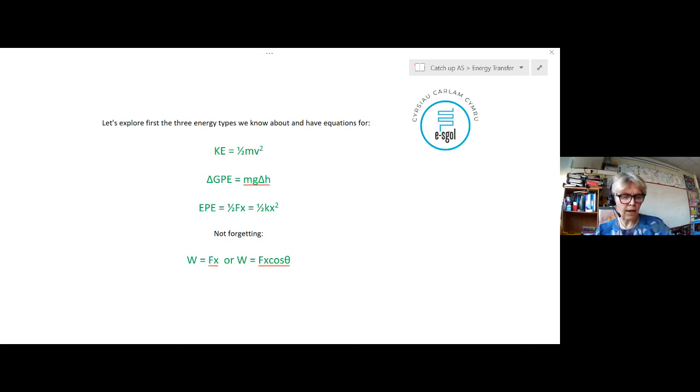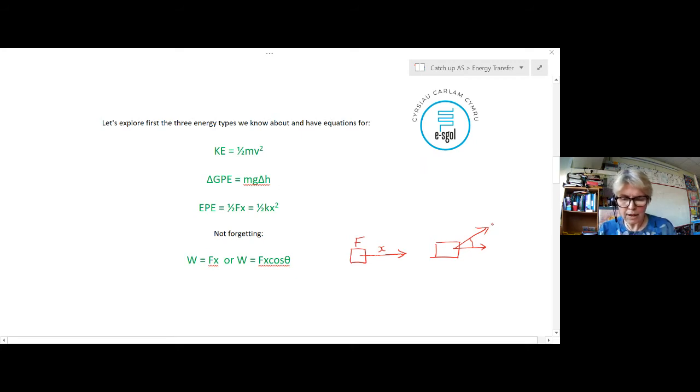And let's not forget that work is force times distance, but more accurately it is force times distance times cos theta. If we are moving an object with a force in a direction x, it's straightforward, but if we apply the force at an angle, we've got to work out what the component is in the direction that we want to know about.